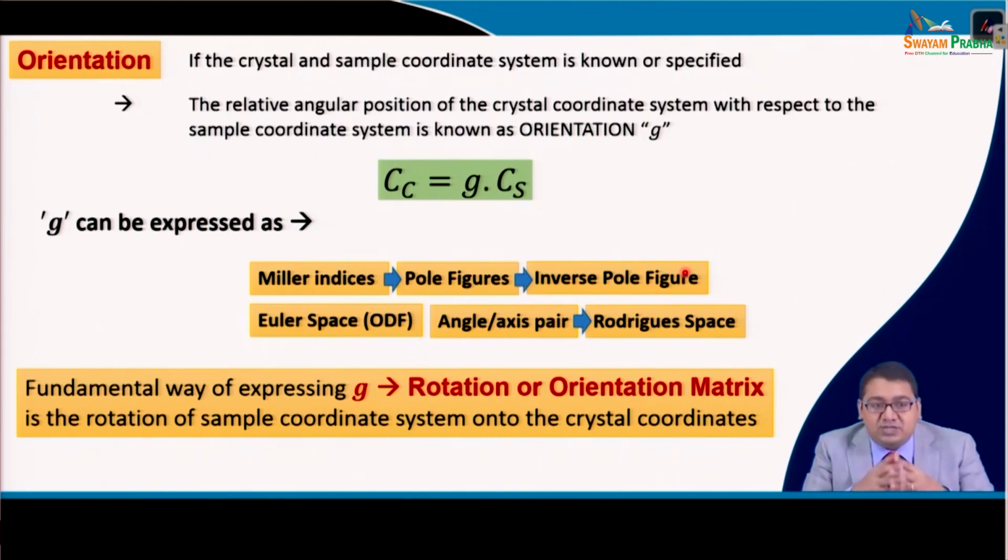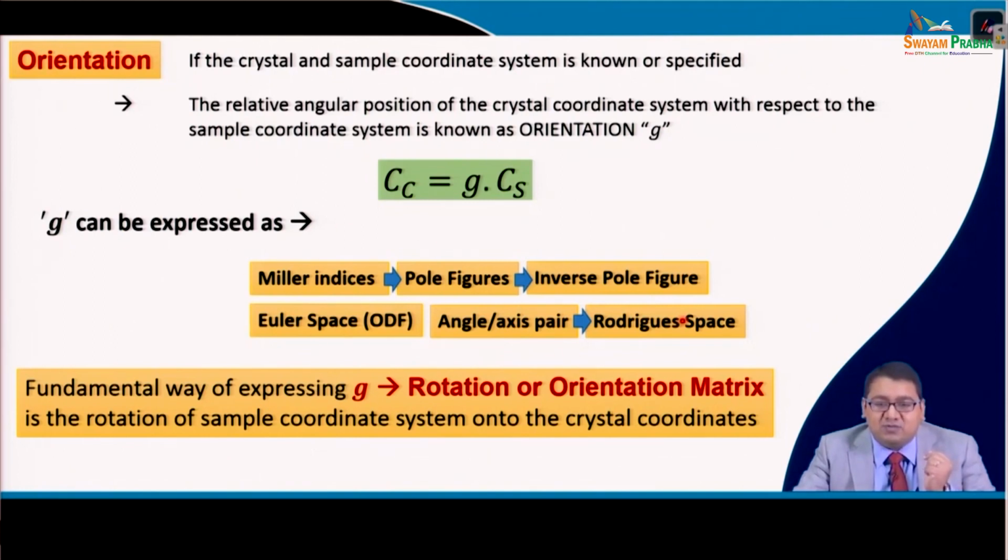The other way of expressing G is the Euler angles. We use Euler angles phi 1, Phi, phi 2, and then we can plot that in Euler space and show them as orientation distribution functions, which we call ODFs. Another way of expressing G is axis angle pair and Rodrigues space.